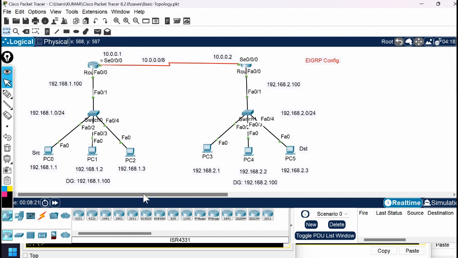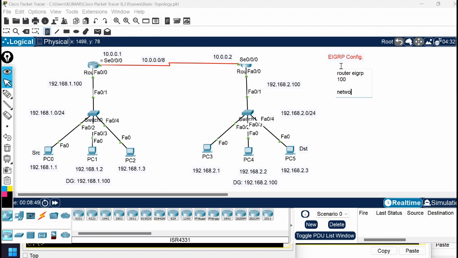When you want to configure EIGRP in the routers, of course, you need to know some of the configuration commands. If you remember, the configuration commands were very simple. You need to make sure IP routing is enabled, and of course that is enabled. Then you run the command router eigrp, then an AS number, let's say 100. I will configure both the routers into the same AS number, 100.